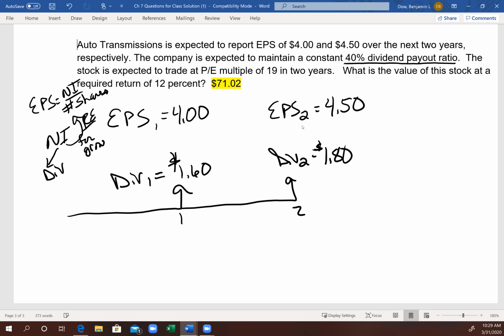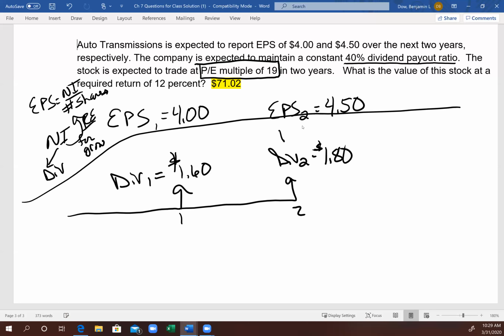We also expect the company to trade at a P/E multiple of 19. Okay. So now, if we want to find the horizon value, we know that P2 over earnings per share 2 is expected to be 19.